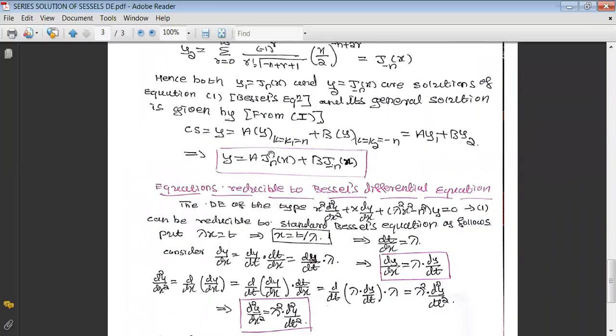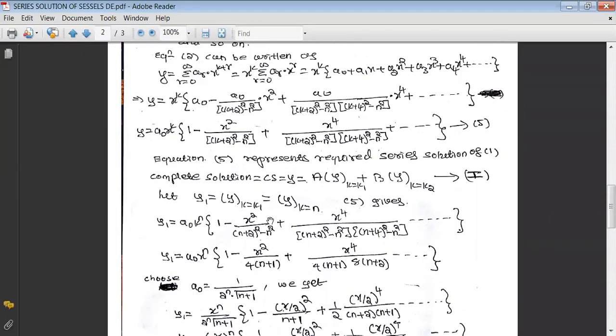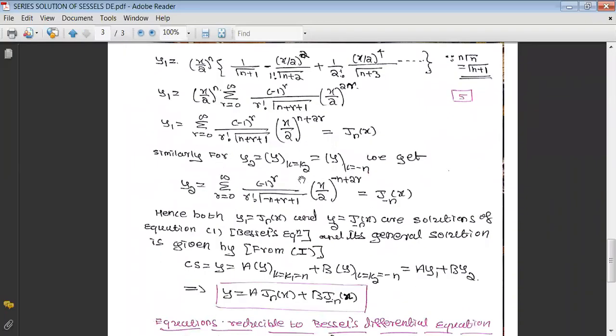If you recall, the value of y at k equal to k1, that is n, and the value of y at k equal to k2, that is minus n, this one we denoted by y1, and one more is denoted as y2.